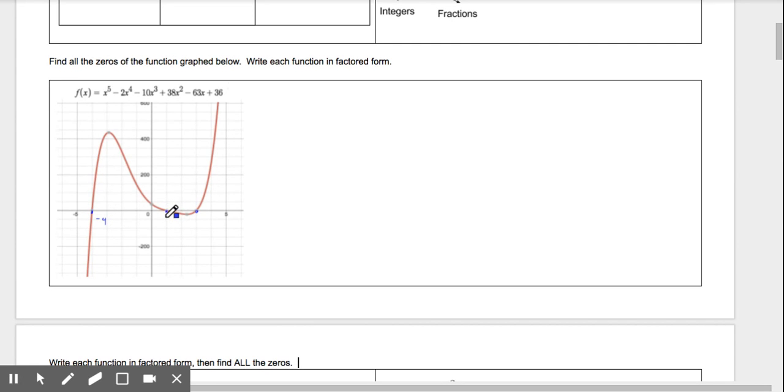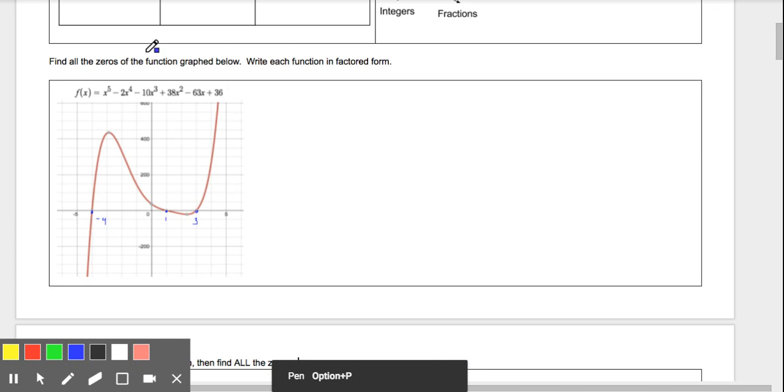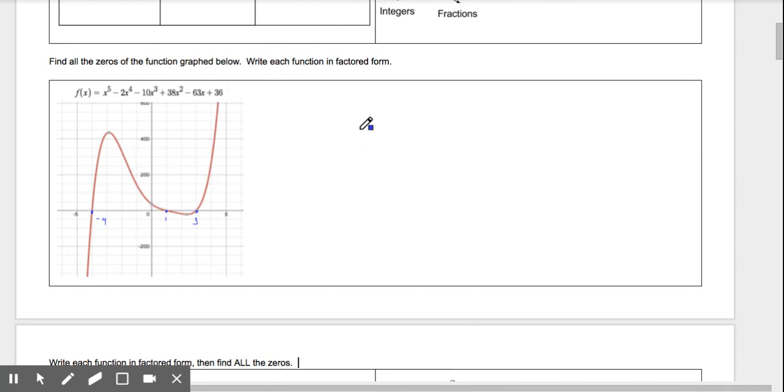This is 1, and this is 3. So that means that there are 2 zeros that are not visible in the graph. To write this in factored form, we have to find all zeros. Okay, so let's do that.